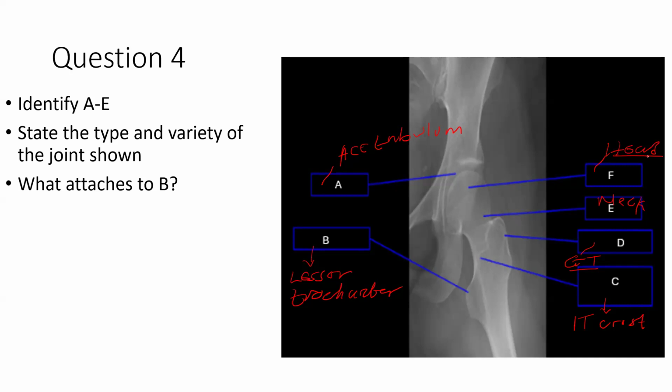What is the variety? That is why you bring ball and socket variety. The ball and socket variety is in terms of the shape of the articulating surfaces.